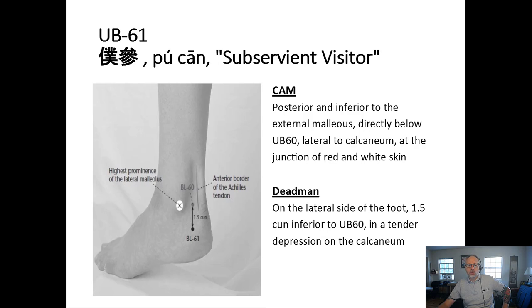UB61. 61 is 1.5 soon below or inferior to UB60 in the tender depression of the calcaneum. When you feel on the heel right there where the calcaneum is, you're going to feel a little pocket. And that's where you're needling into, this little depression in the bone.